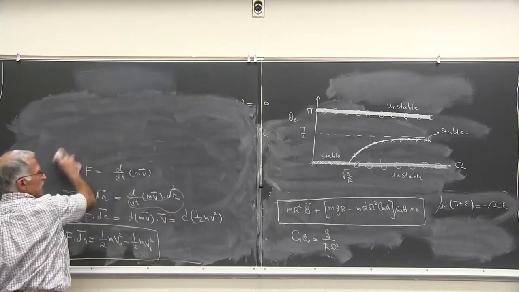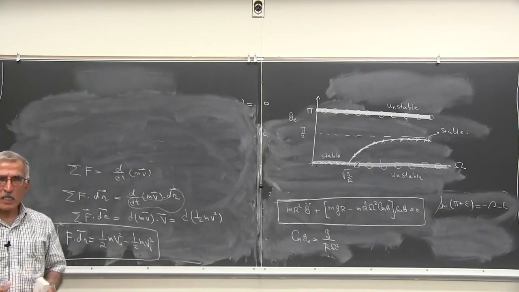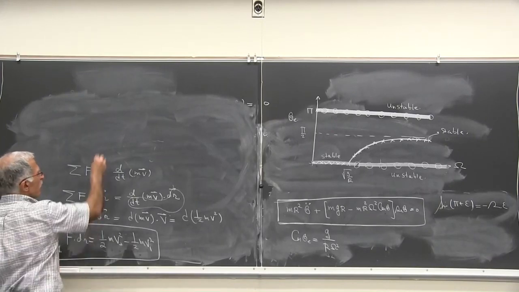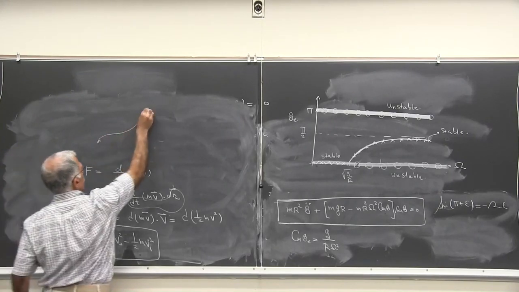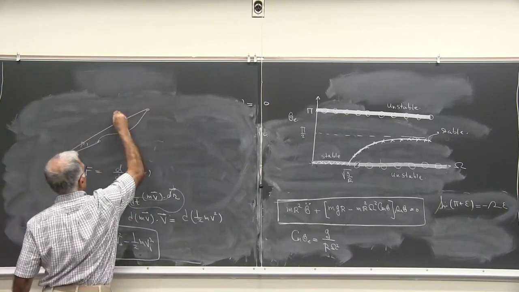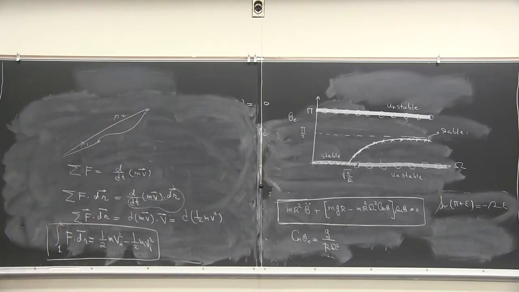there are some forces where the work does not depend on the path of the motion. So no matter how you go from this position to this position, and this is R1, this is R2, the work doesn't depend on the path of the motion.